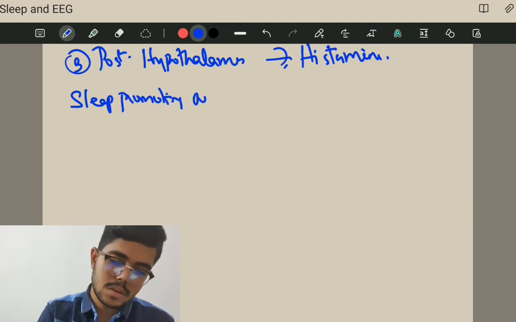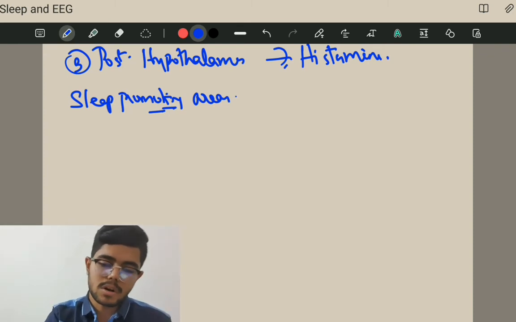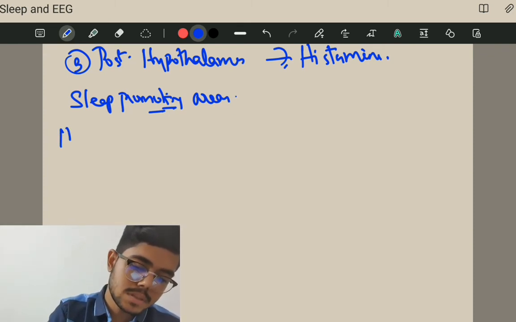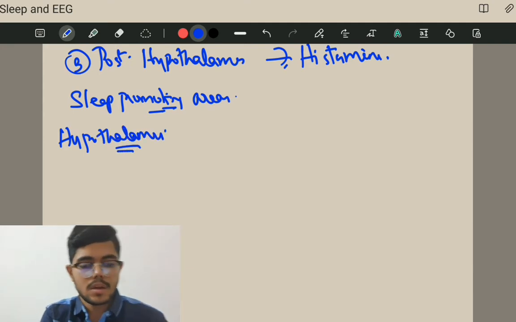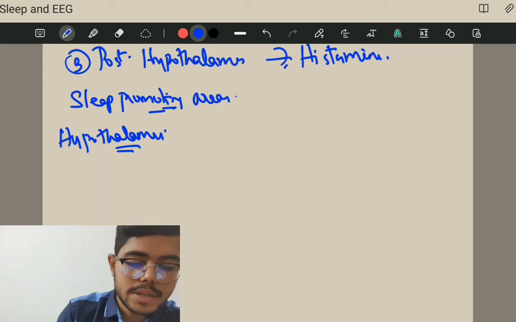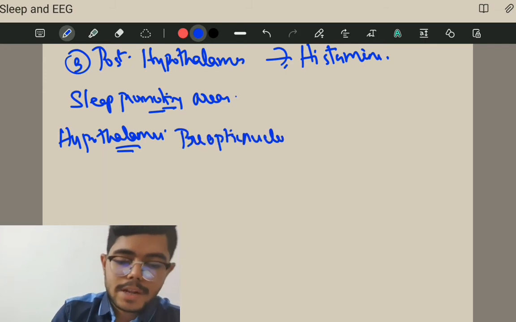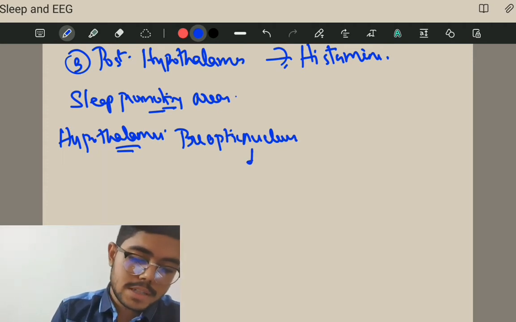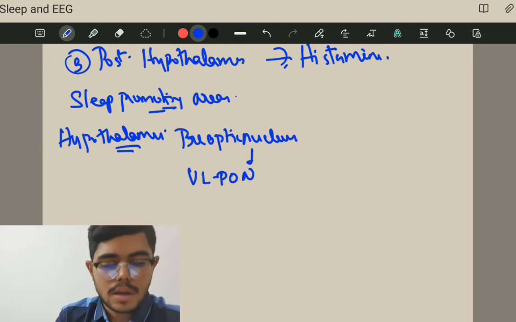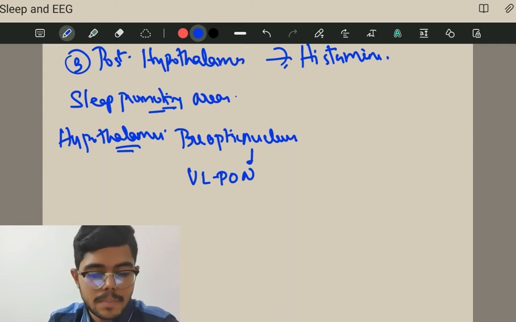So in sleep promoting areas, the first important one will be your hypothalamus. A very important thing. In the hypothalamus we have a nucleus called the preoptic nucleus. To be specific, we call it VLPON. PON is preoptic nucleus, and VL is ventrolateral preoptic nucleus.